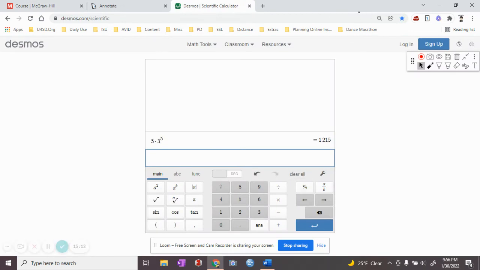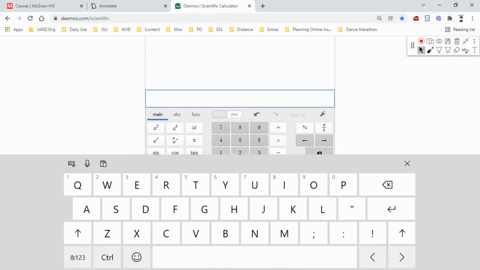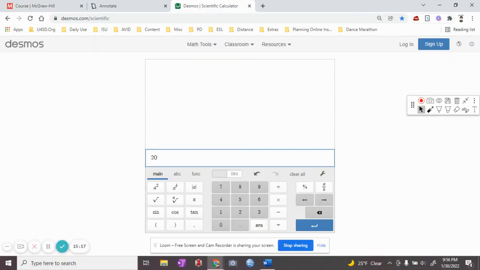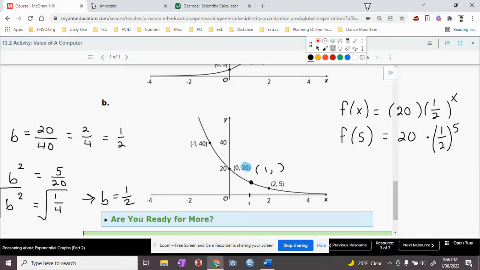Okay, so I'm going to come over here. We're going to do 20 times 1/2 to the power of 5. 0.625. So here f of 5 equals 0.625.